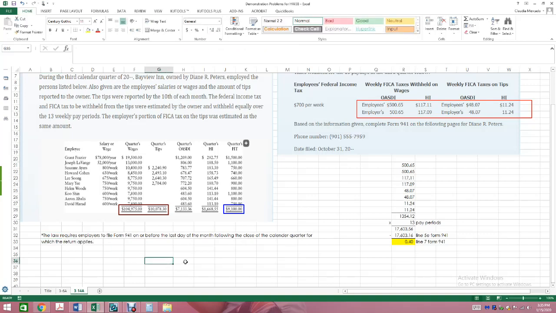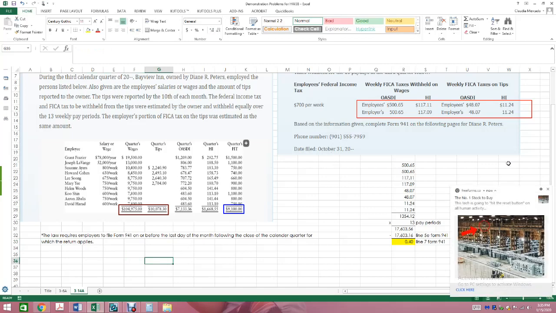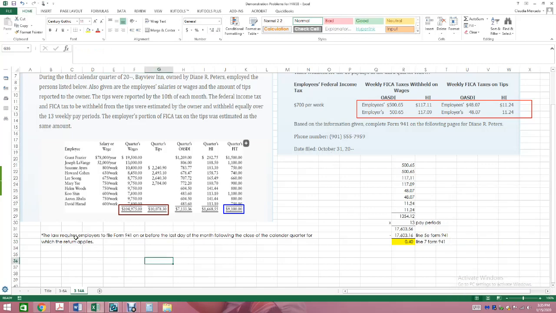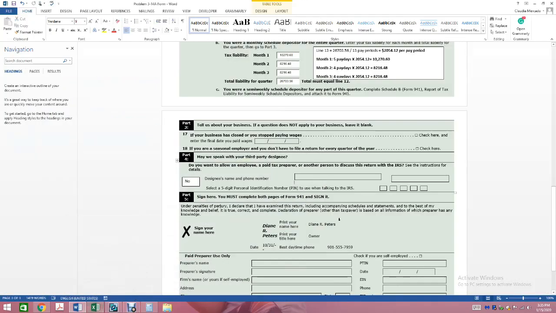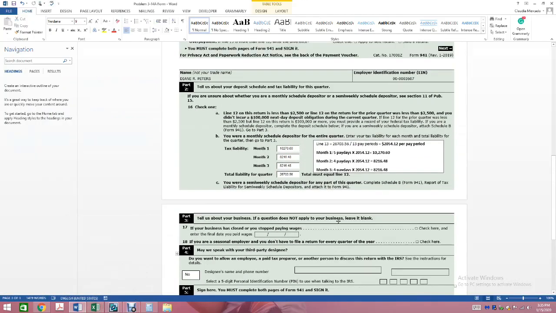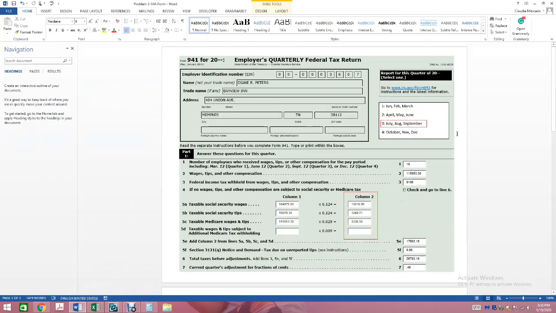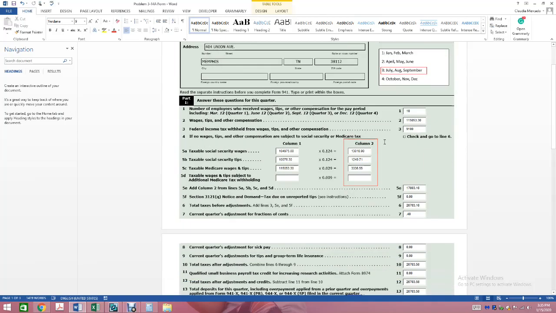So that is why we are using October the 31st as the date. The close of the calendar quarter, it says here, we close in September. We have the entire month of October to complete the form, the following month. That is what we're doing.